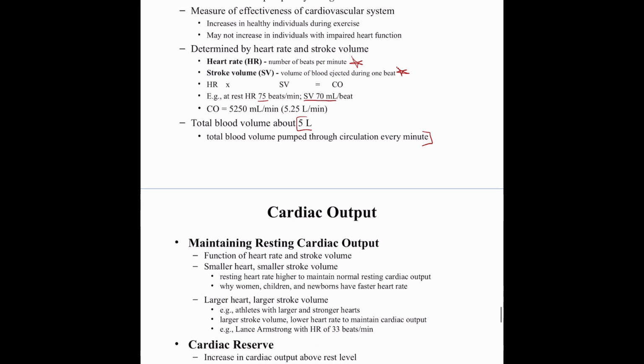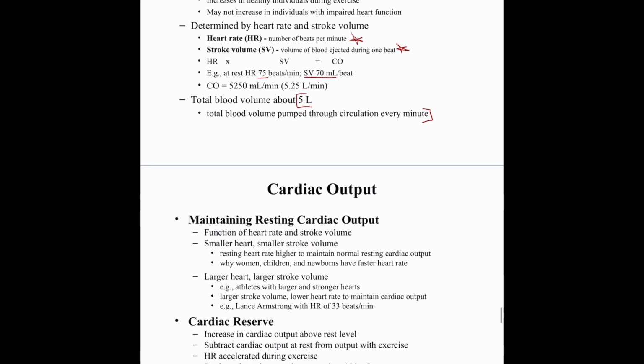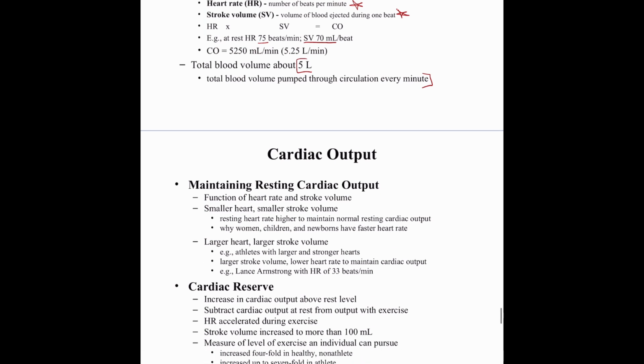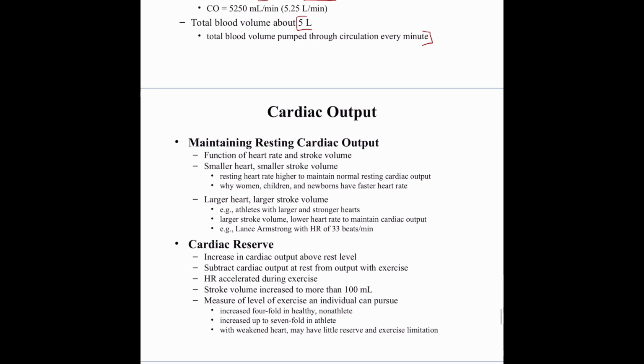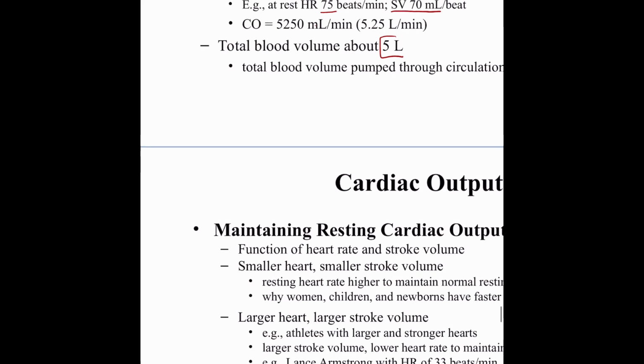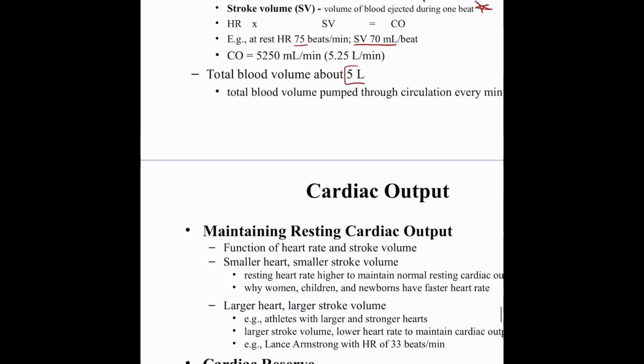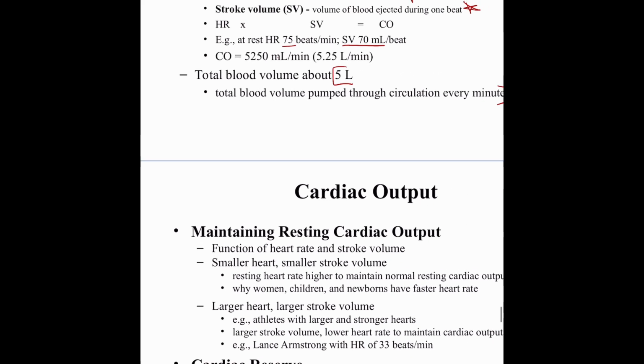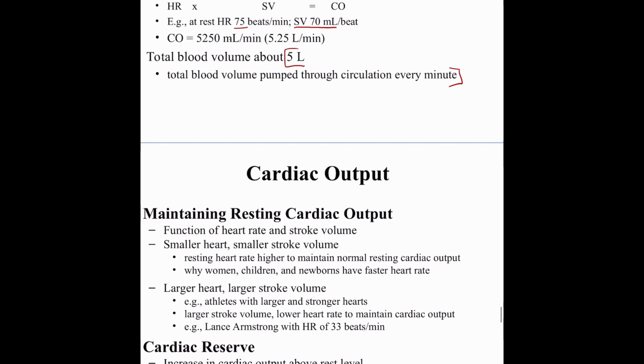So at rest, heart rate is 75 beats, and your stroke volume is 70 milliliters per beat. 75 by 70, you'll get 5.25 liters per minute, or 5,250 milliliters per minute, right? You don't have to do the math, but just know its relationship, right?